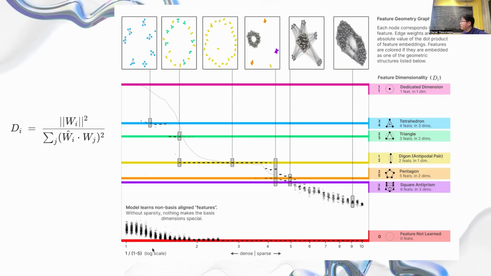Let's say your sparsity is equal to 0. In this case, they embed 400 features into, I think, 30. So they go from R^400 to R^30. And they want to see what the dimension is of each of the 400 vectors.